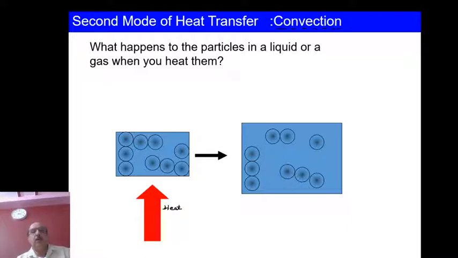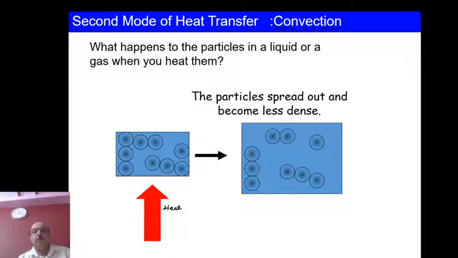Here are the molecules of the liquid or gas. If you provide heat to the liquid or gas particles, the particles spread out after gaining kinetic energy and they become less dense. Now they are far from each other.